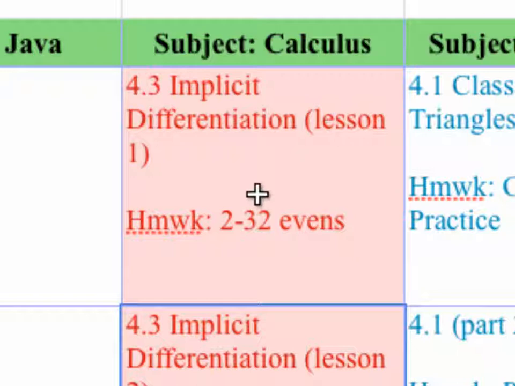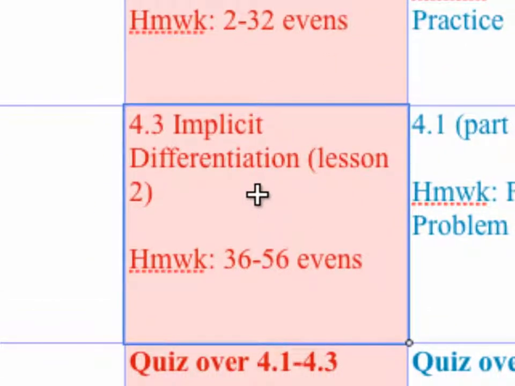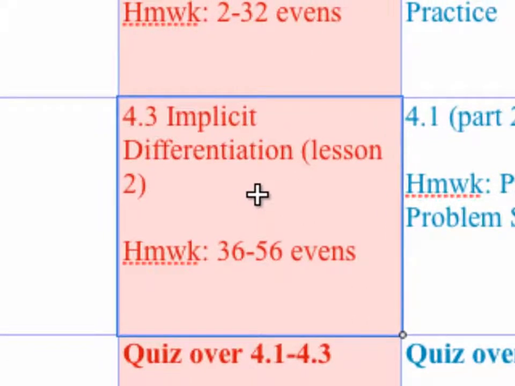And that's tonight. Tomorrow is the second part. That's 36 through 56 evens. So I have to hit this section harder than what I normally do. That's Tuesday, so that's the assignment on Tuesday, 36 through 56.